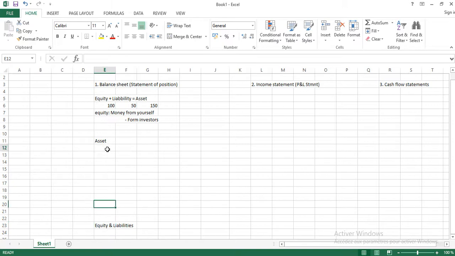All right, now look here properly. What is an asset? In French we call it les atouts, les avoirs. An asset is any goods that you have in your company that can help you to generate your revenue. This is what we call an asset. We have two different types of assets. We have what we call current assets, and we have non-current assets.